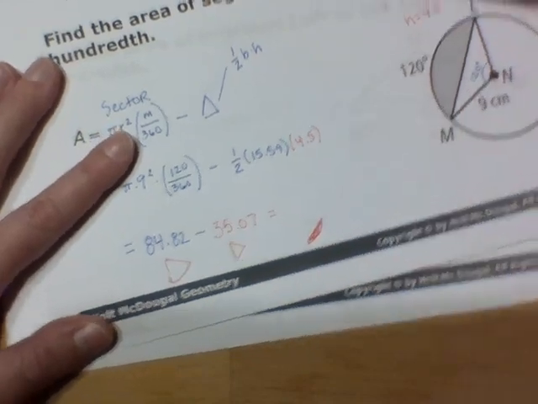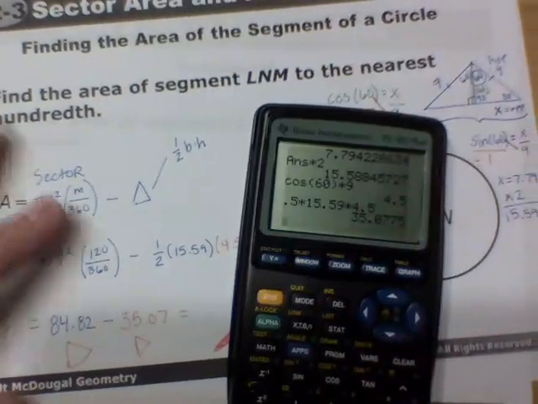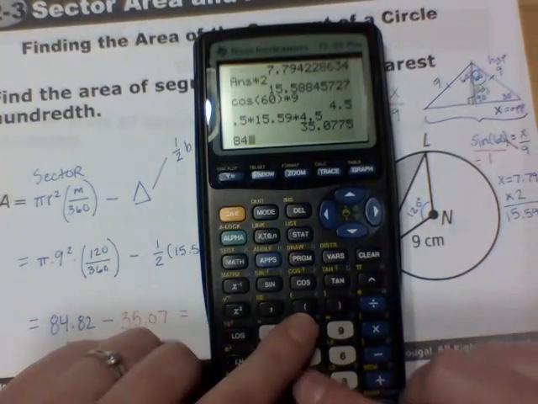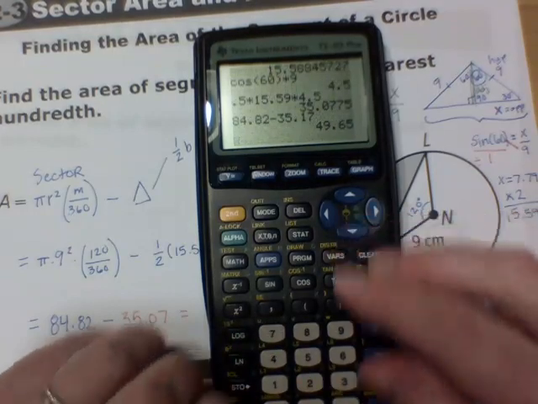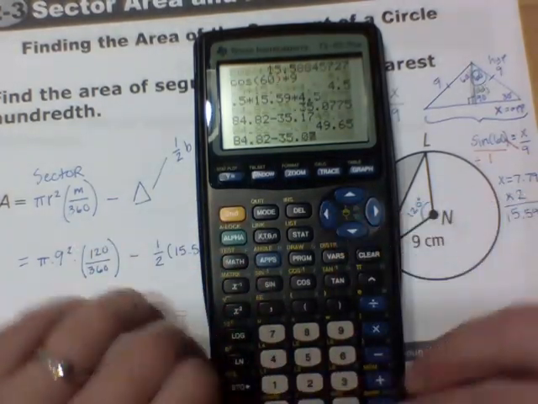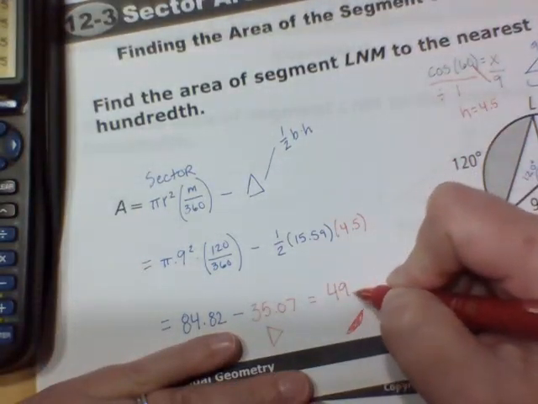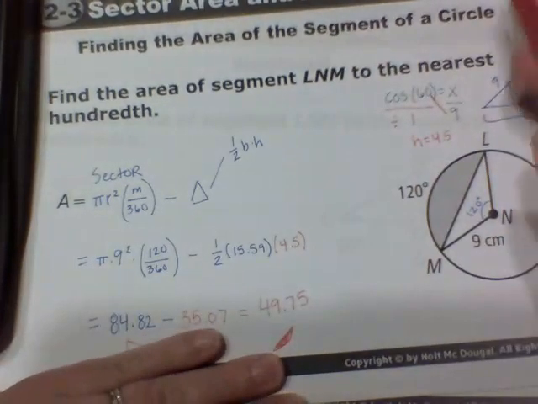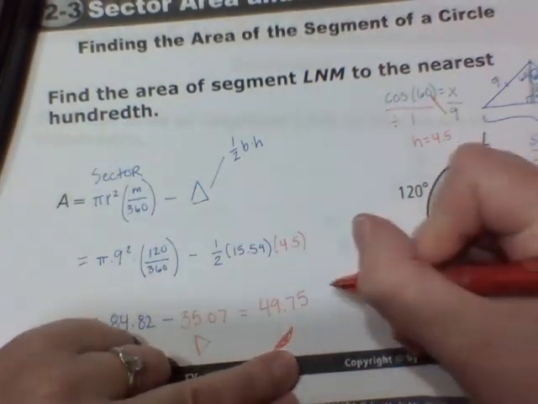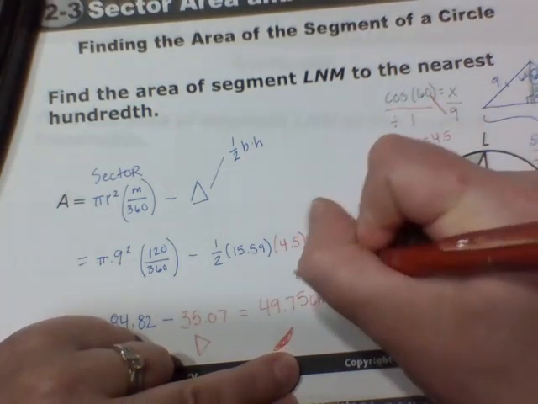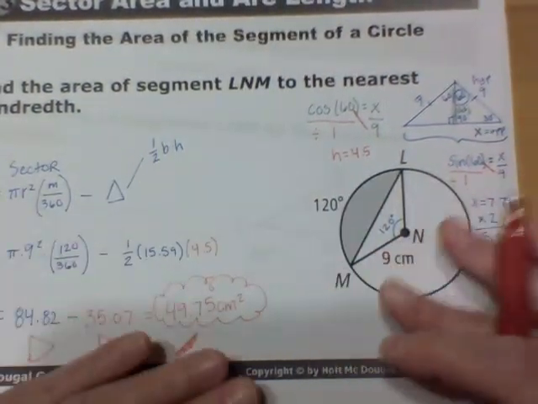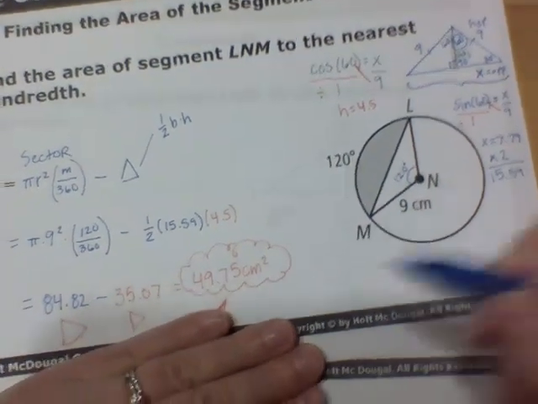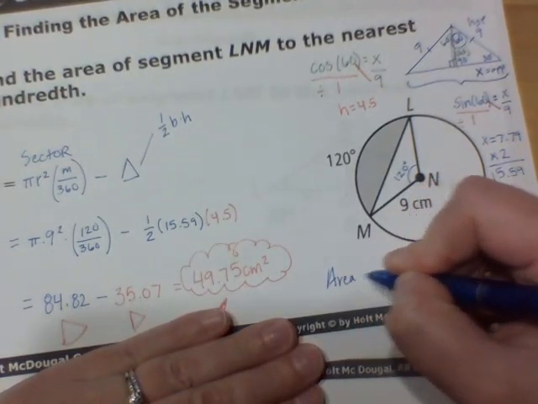And so the moon-shaped piece is 84.82 minus 35.07. Whoops, I put 17. Okay, so 49.75. And we are talking about an area in centimeters, so we can go as far as saying centimeters squared because we're super fancy. All right, so just kind of a side note of finding the area of an isosceles triangle.